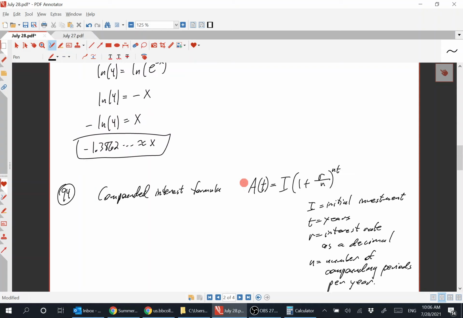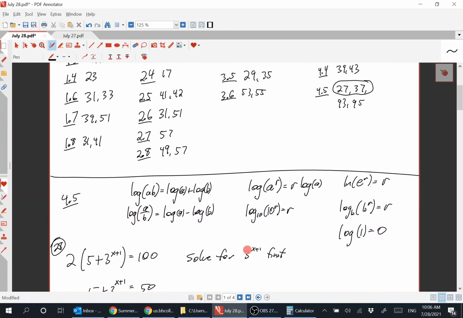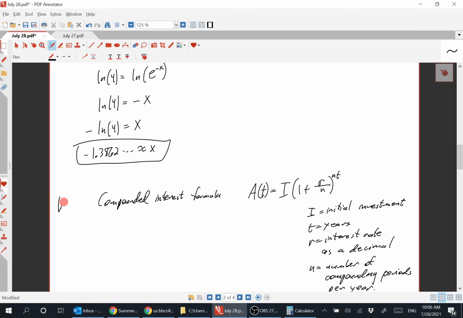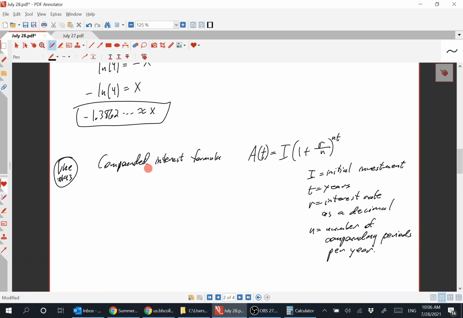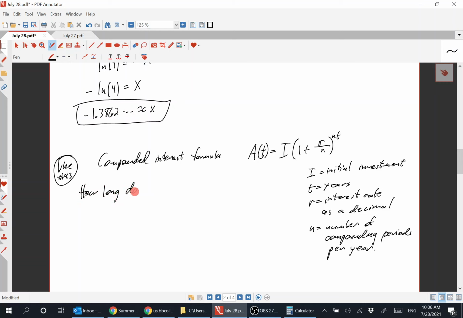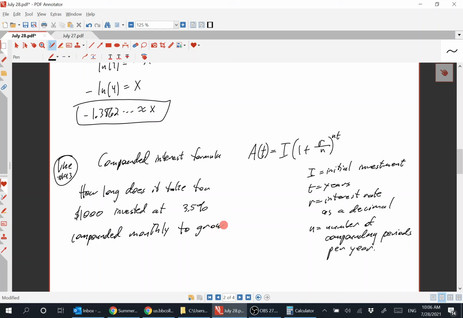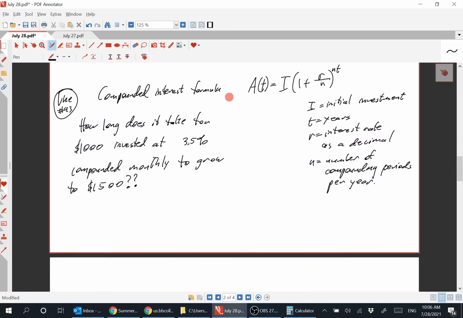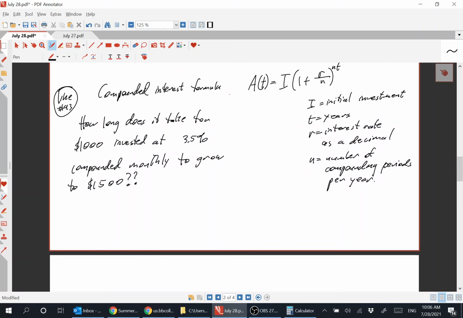So how long does it take for $1,000 invested at 3.5% compounded monthly to grow to, I don't know, 1,500?